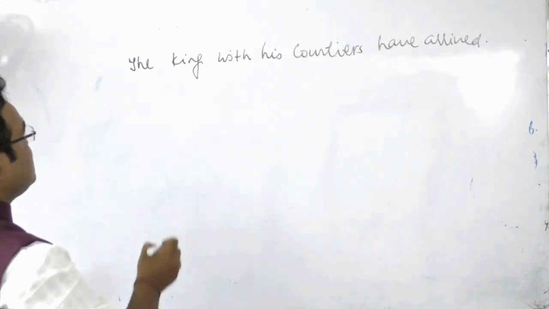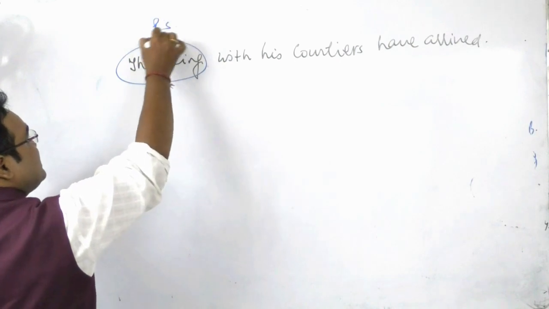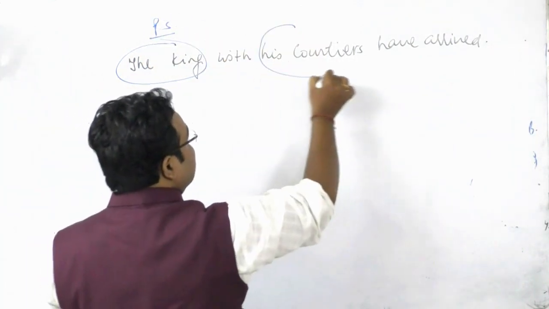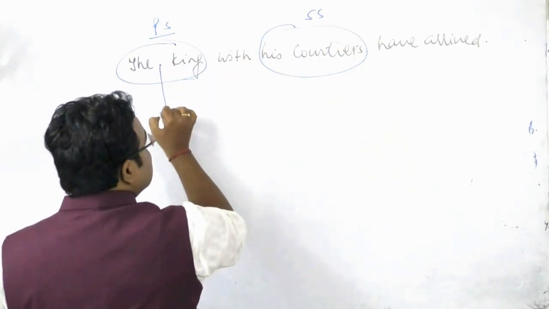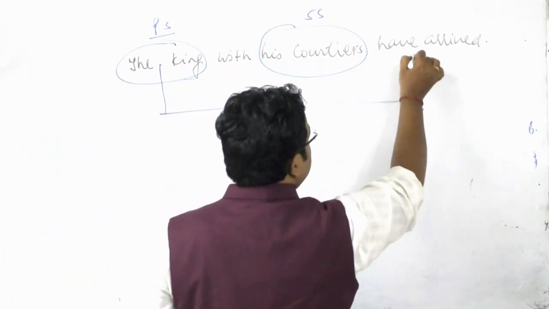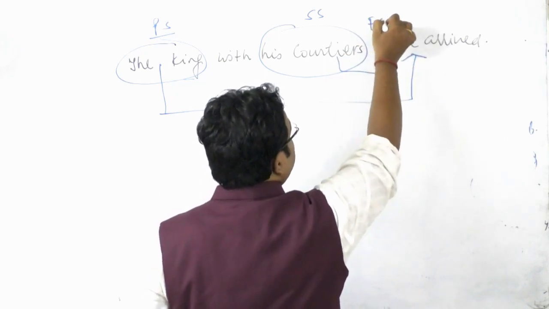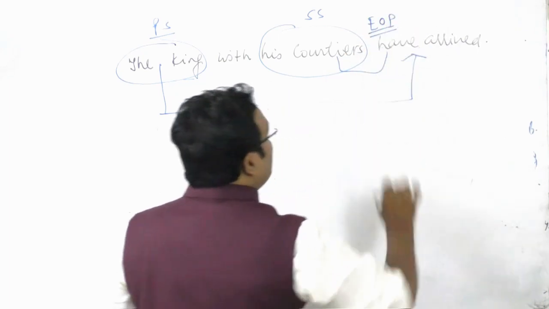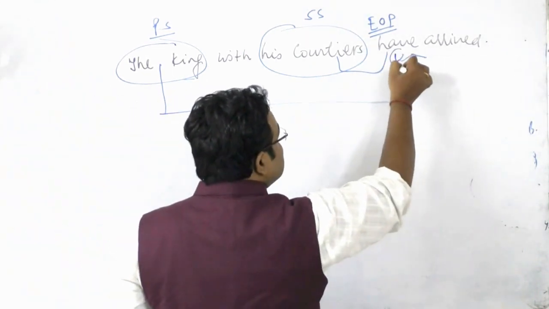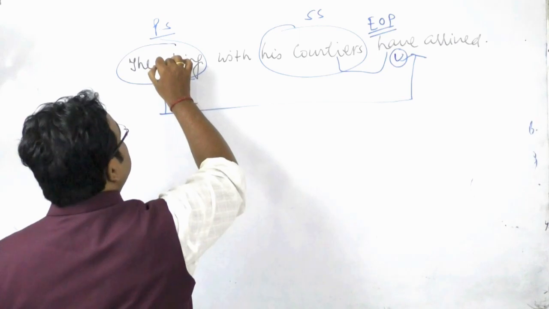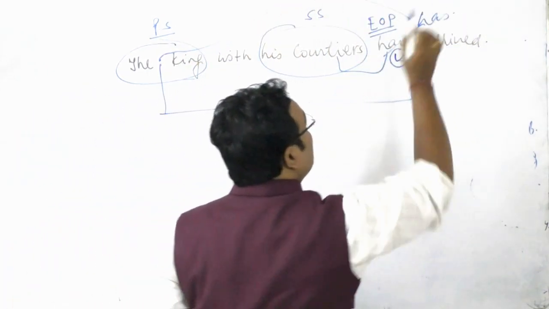See, in that case also, this is your primary subject, PS I say, and this is his courtiers. This is called the secondary subject, and since the king is the primary subject, this is wrong. This is again called EOP, that is error of proximity. This verb has to make an agreement with the primary subject, and that is why this have is wrong.